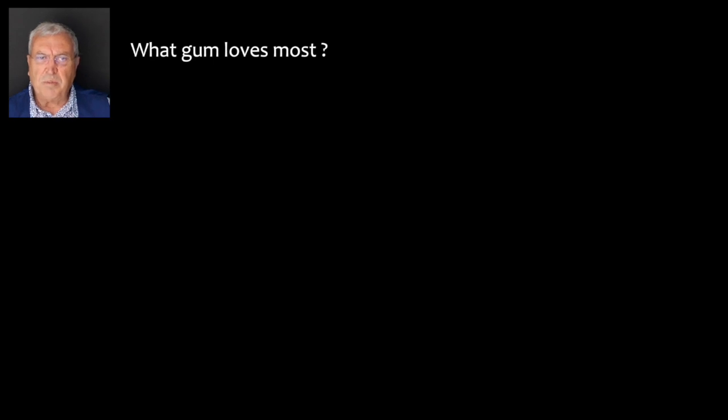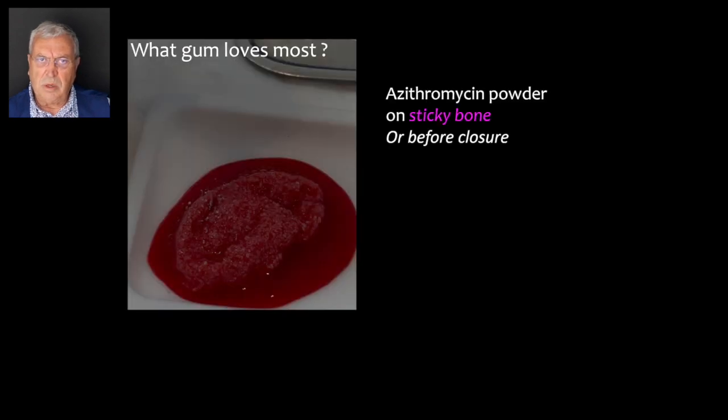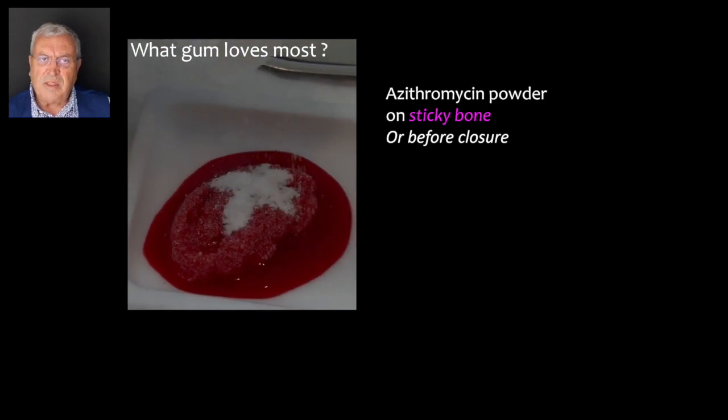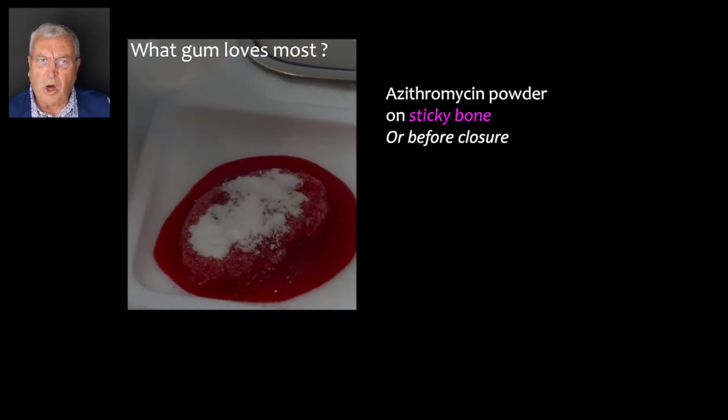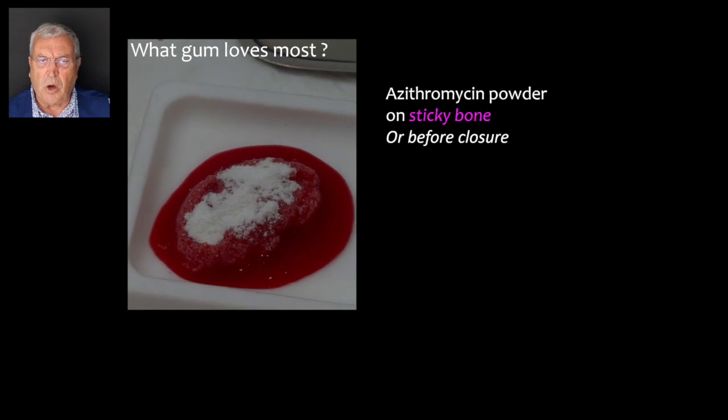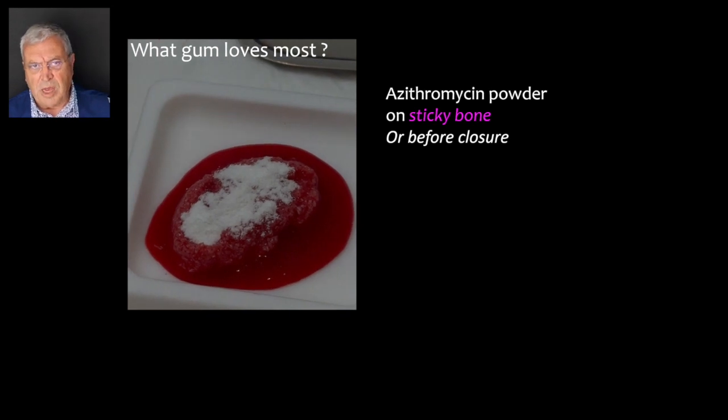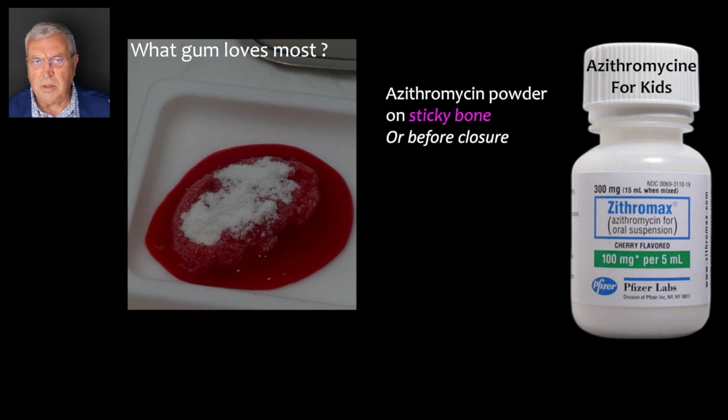What does the gum love most? To put azithromycin powder on the graft, on the sticky bone, or just on site before the closure. Where to find azithromycin powder? Just go to the pharmacy.